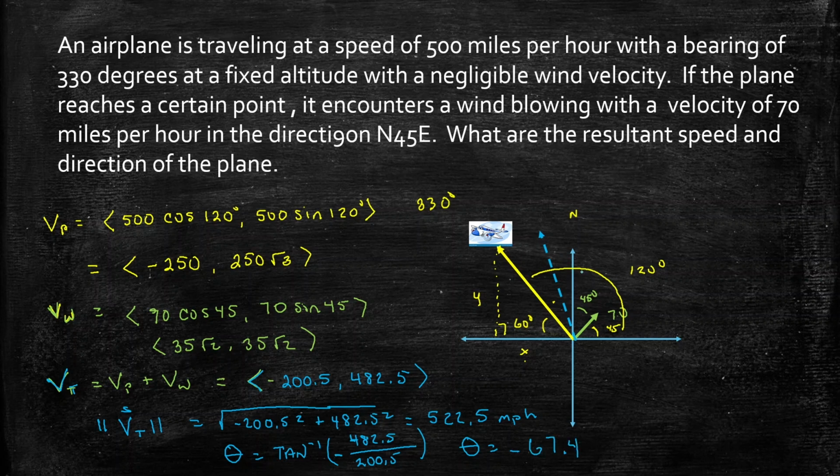And I'm in quadrant 2, right? Because my x is negative, my y is positive. So I'm in quadrant 2. So I'm going to add 180 to this. And that's going to give me an angle of 112.6 degrees. All right, so that is this angle from here all the way over.